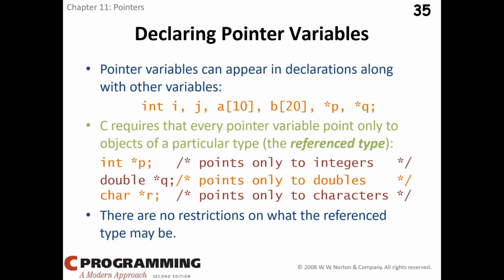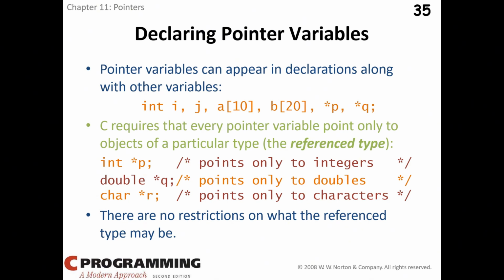When we declare pointer variables in C, we can include them in declarations along with other variables. For instance, here in the slide, we declare multiple variables including the integers i and j, the arrays a and b, and then the pointer variables p and q. It's also important to note that C requires that every pointer variable point only to objects of a particular type, also known as the reference type.